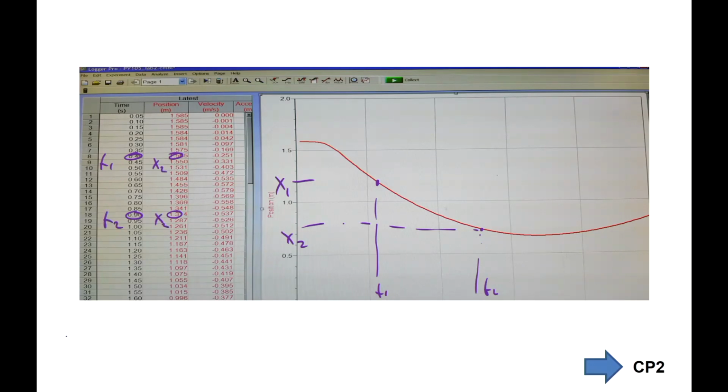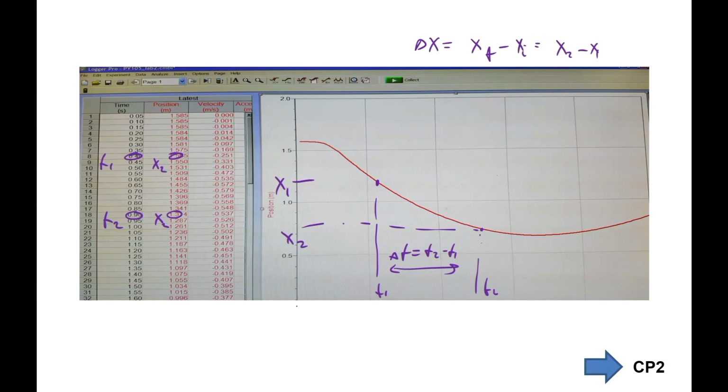You can calculate displacement, average velocity, and even average speed if you want to. What is the displacement? The difference, final minus initial, which could be x2 minus x1. How much time passed? Delta t, time 2 minus time 1.